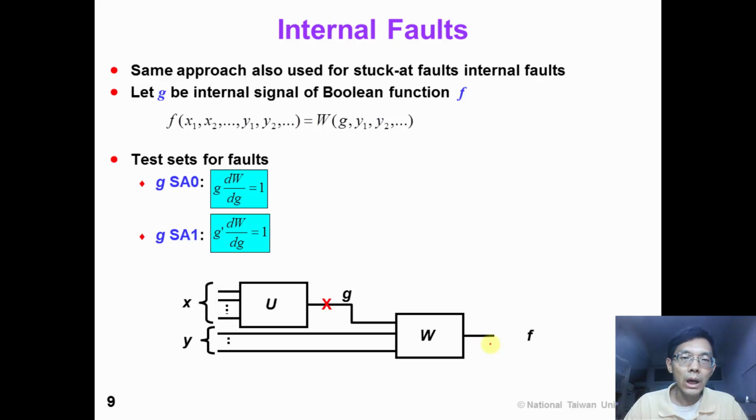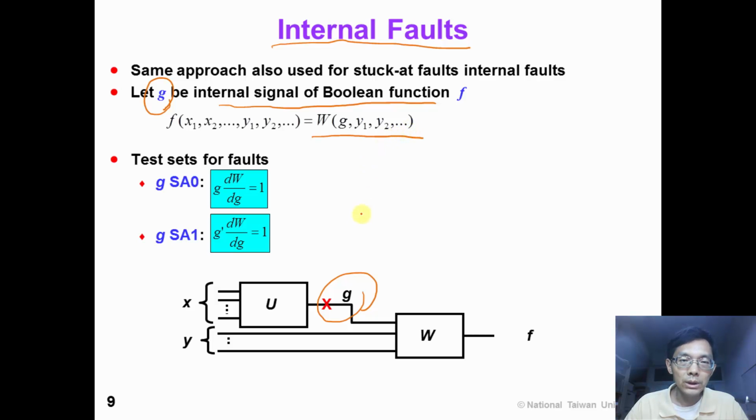Now we know how to detect faults at the primary input. By applying the same technique, we can also detect faults at internal nodes. Suppose G is an internal signal of the Boolean function f, as shown in this figure. The function f can be written as function w of G and the other primary inputs y.